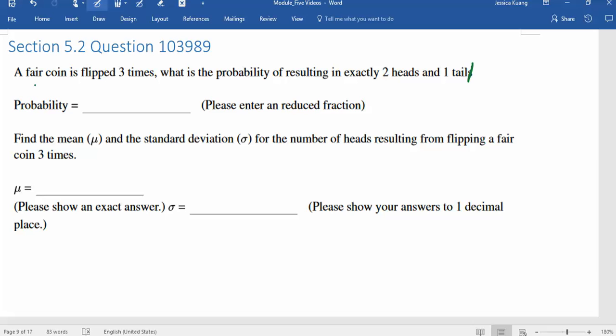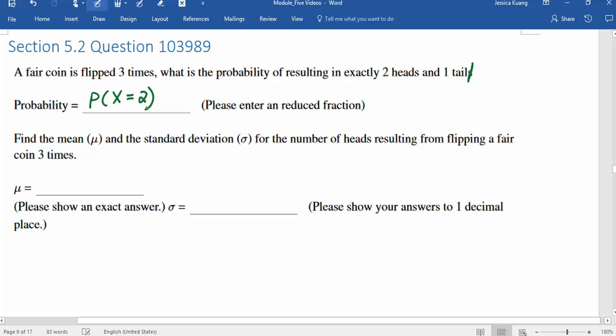And if we repeat this procedure multiple times, in this case 3 times, what we have is a binomial probability distribution. When we have a binomial probability distribution, we can use a graphing calculator to calculate, for example, the probability of getting exactly 2 heads.